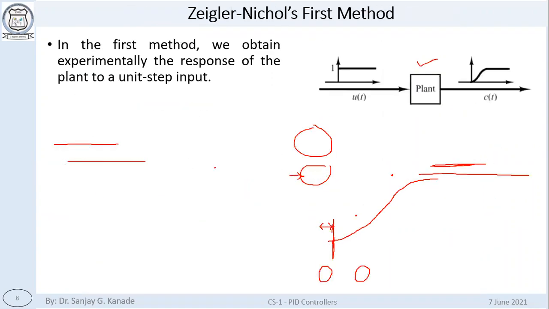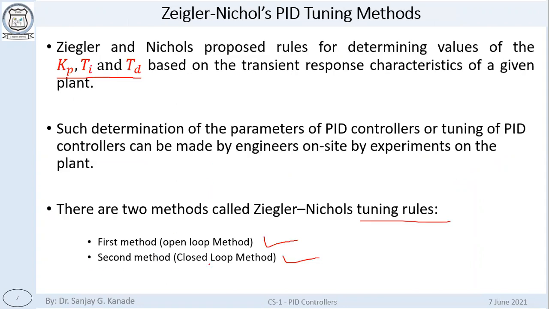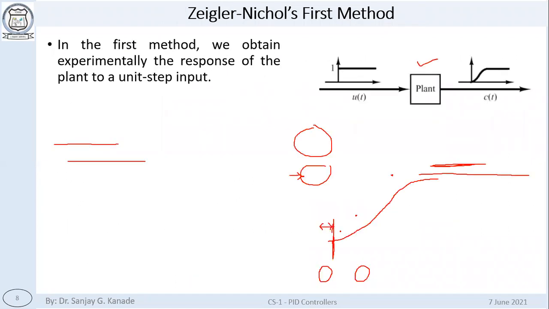The second method is also called the closed loop method, meaning we will have to include a controller inside the loop. If you give it a little thought, in the first method, which was the open loop method, we don't have the controller in between.